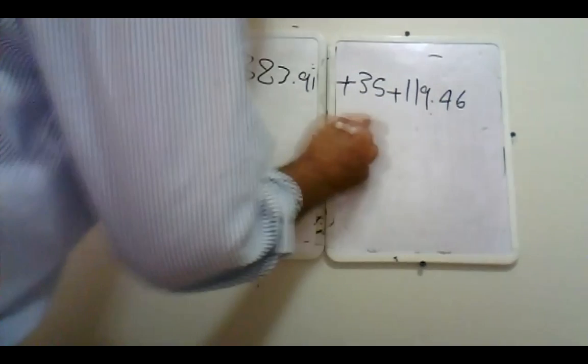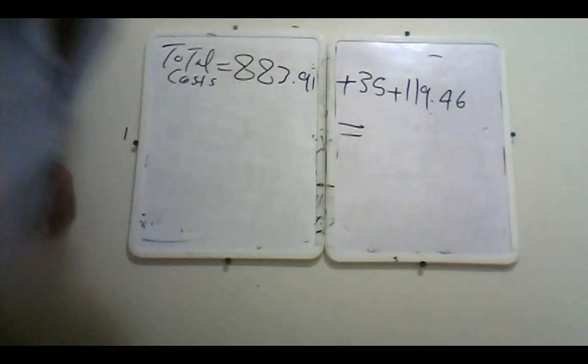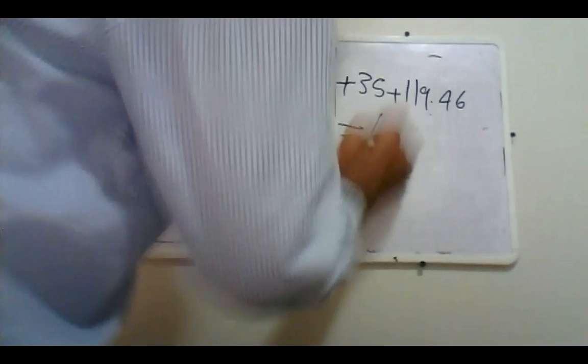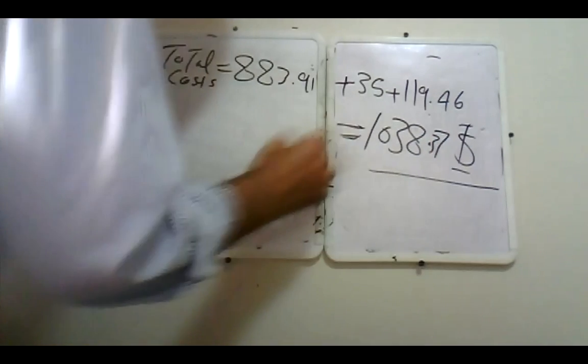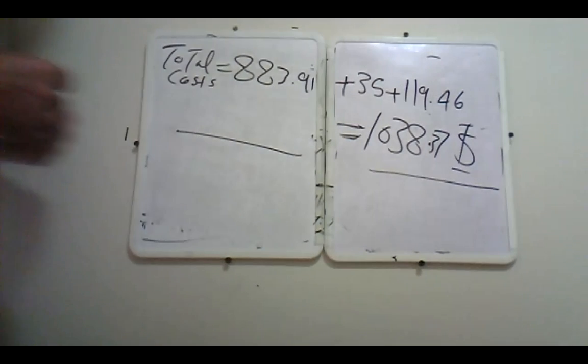This all equals the total cost of the invoice, $1038.37. That will be the whole total cost of the invoice, which is sent from the seller to the buyer, as we said before.